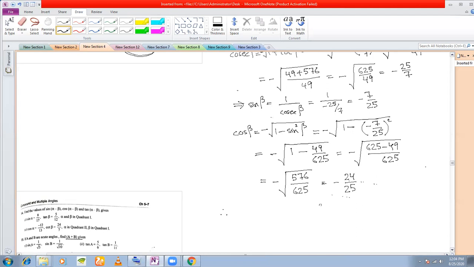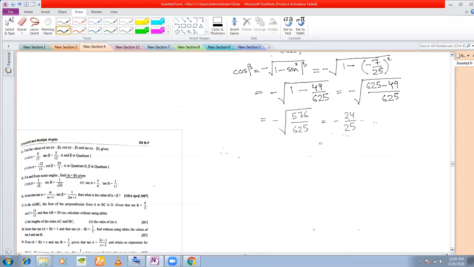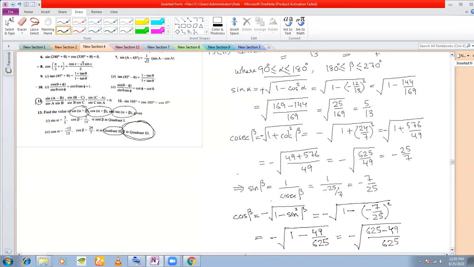Therefore, we shall now proceed to find sin alpha plus beta, cos alpha plus beta, and tan alpha plus beta. So we proceed to find sin alpha plus beta, number 1. Sin alpha plus beta is sin alpha cos beta plus cos alpha sin beta. Now sin alpha is how much we have calculated? 5 by 13.